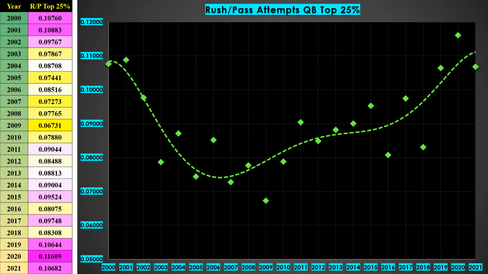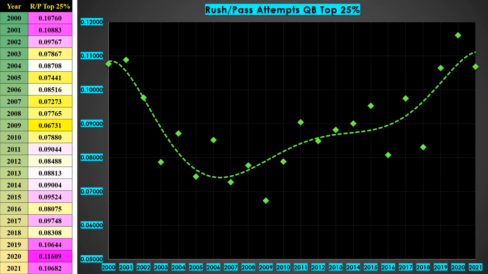Okay, next thing, passing attempts versus rushing. The last slide in this lesson: I like to think about metrics in ratios. I think that sometimes allows us to compare apples and oranges. That's about the only way to do it.